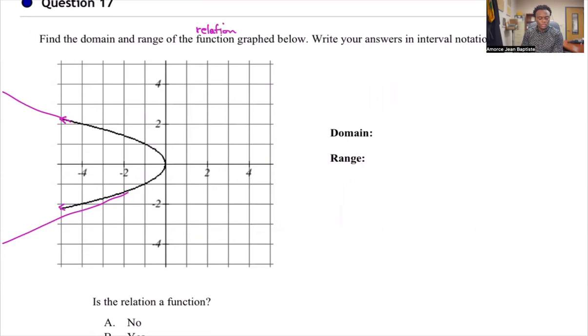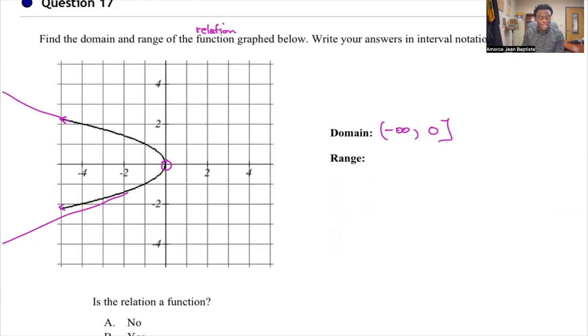So the domain is the extension of x over the x-axis. So we can see it goes forever to the left. So that's -infinity. It didn't go farther than 0, and it touches this. So that's a 0 with a bracket. And how about the range?